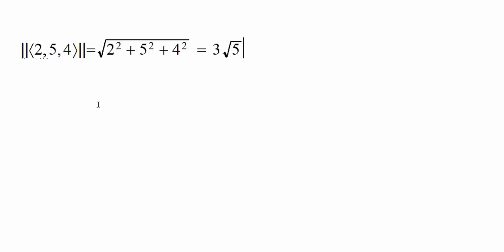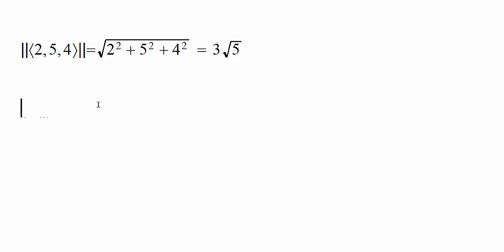So the length of this vector is the square root of the sum of 2 square plus 5 square plus 4 square, okay, which is, if we add them all up, 3 times the square root of 5, or square root of 45 actually.